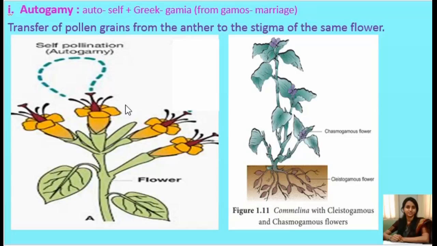Here the stigma is able to accept the pollen grains, receive the pollen grain, and allow that pollen grain to germinate. There is a particular duration. Okay, so that is called receptivity. So the time period of receptivity of the stigma and release of the pollen grains should be synchronized. It means these two events should take place at the same time.